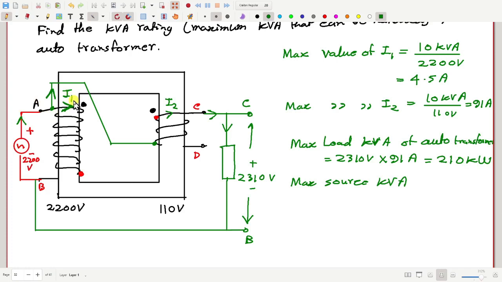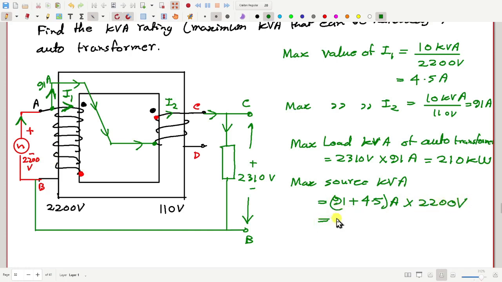Now how much can the source current be? This current can be maximum I2, that is 91 ampere. So here we have 91 ampere plus 4.5 ampere, so the maximum source current can be 91 plus 4.5 ampere, and the source voltage is 2200 volt.